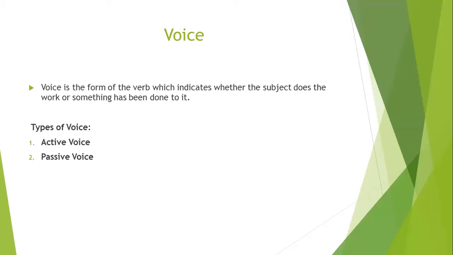On the basis of that, there are two types of voice. First one is active voice and the second one is passive voice. Active voice is the voice where the subject does the work itself, and the passive voice is the one in which something is done to the subject.